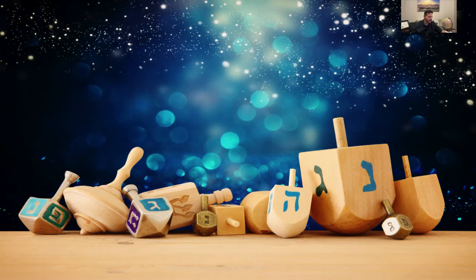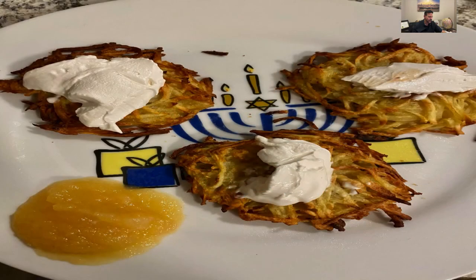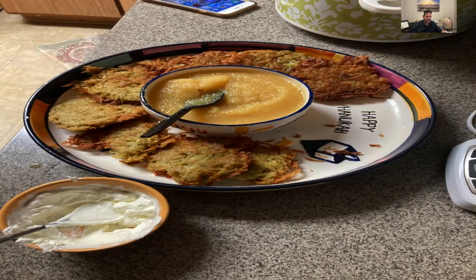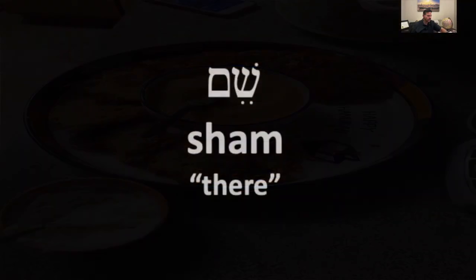So as we spin the dreidels and eat our latkes, and eat them possibly with applesauce and sour cream, I'd rather do the sour cream, or even maybe a little ketchup always sounds fun to me. When we do that, we're actually talking about this miracle that happened there. And of course, if you're in Israel, you change the letter from Shin to Pei for Nes Gadol Haya Po. A great miracle happened here instead of there.